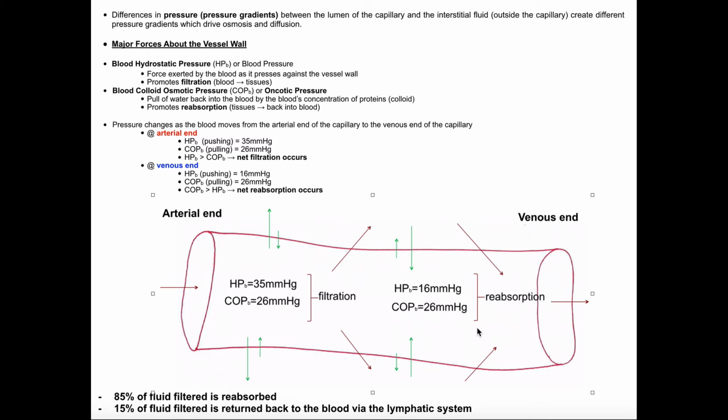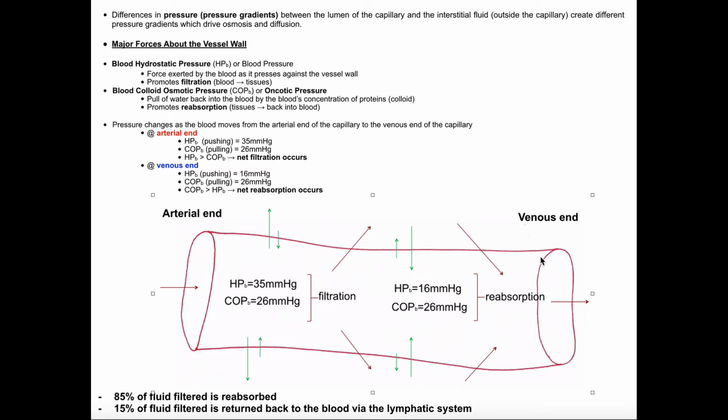And proteins like water. So proteins in the blood are going to create a reverse pressure. They're going to want to bring water into the capillary. And so their pressure direction is going to be this one right here. It's going to tend to want to move things from the interstitial area into the capillary.